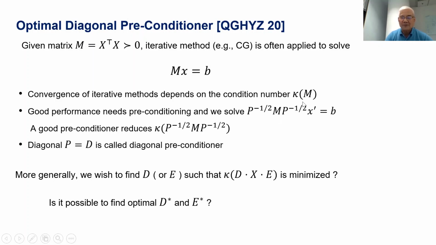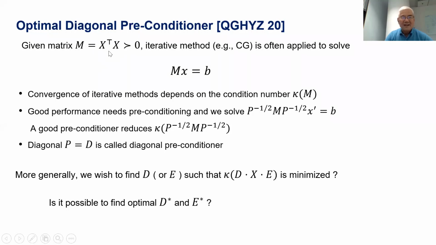Maybe this matrix has a bad condition number, but with the preconditioner the CG would converge very, very fast. Even more so, we want the condition number of X on one side, because of the X transpose.